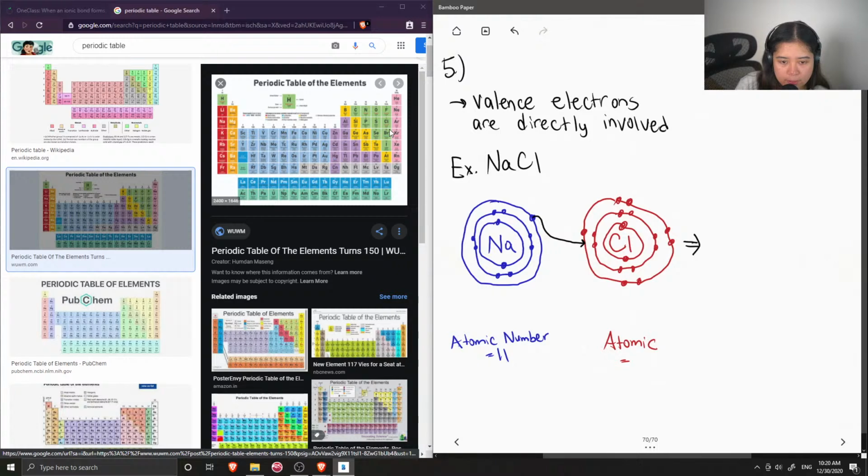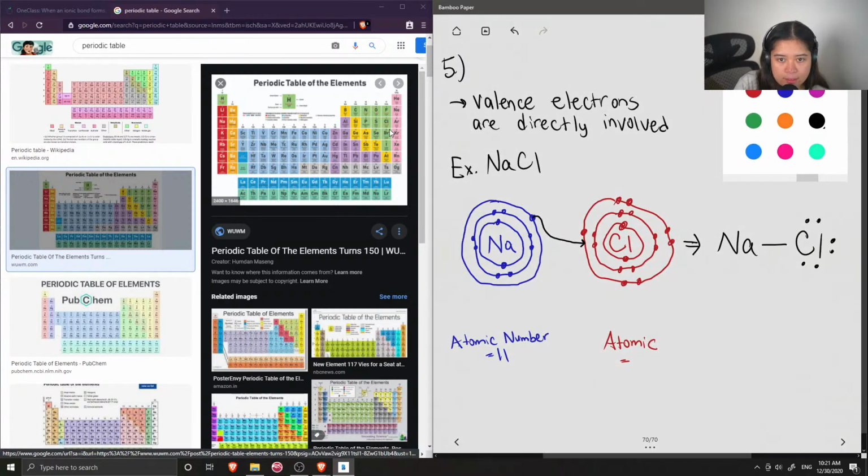So I'm not going to draw the whole thing again. I'll just show that there is now a bond with the sodium and the chloride. But I'll show that the chlorine has the lone pairs around it. And this is the ionic bond.